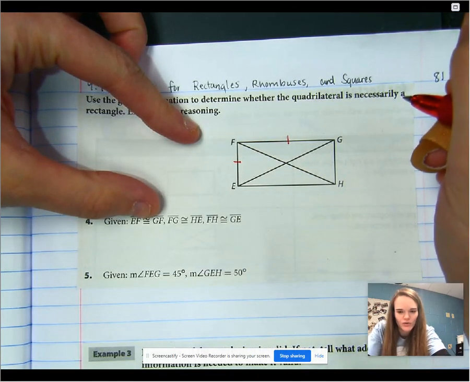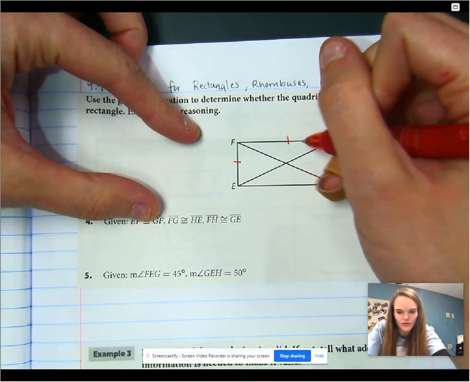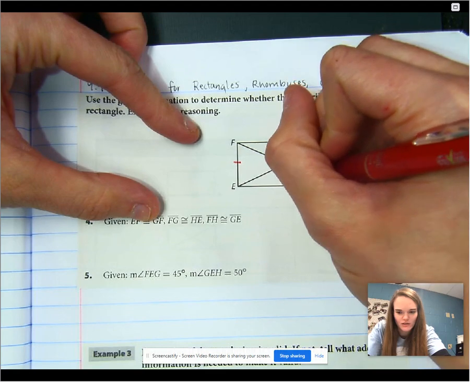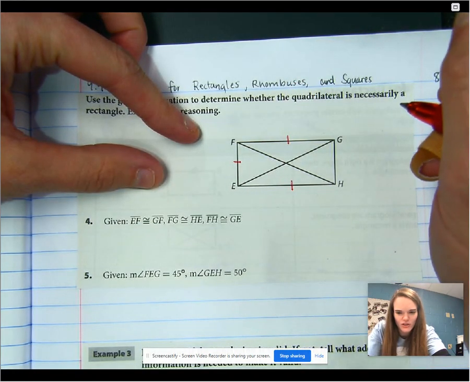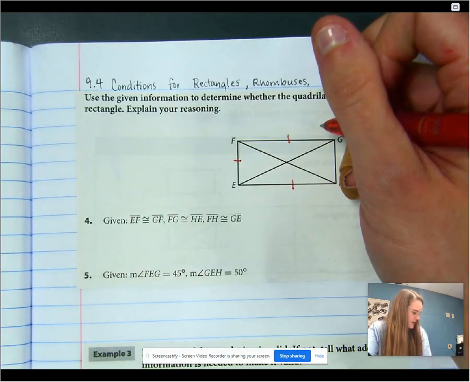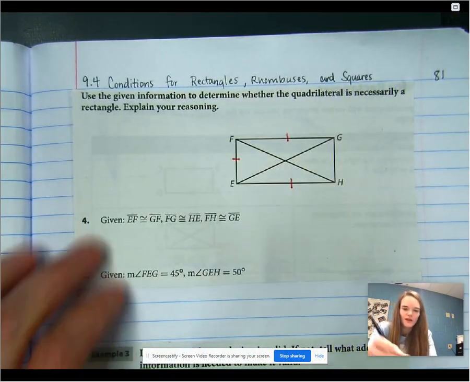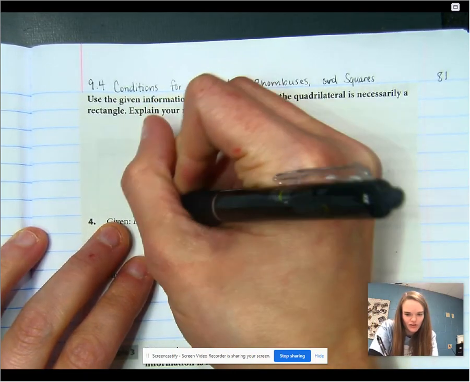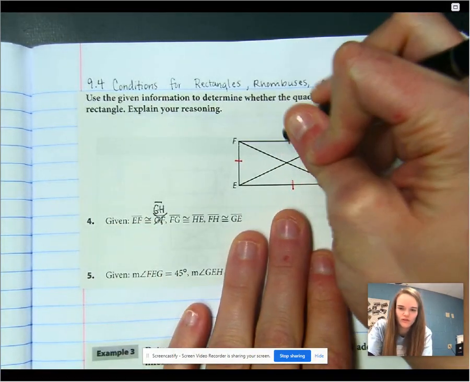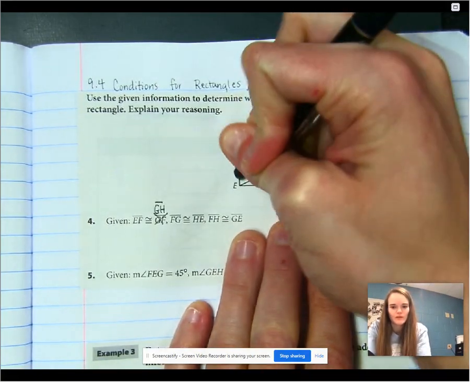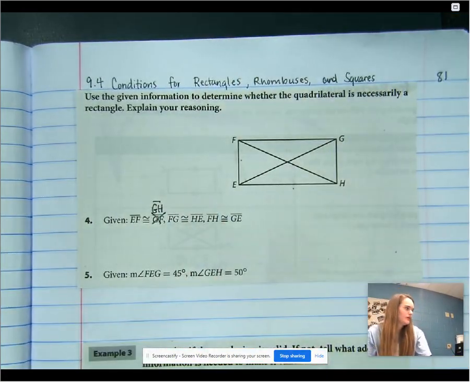Okay. We know that FG is congruent to HE. We know that FH is congruent to GE. I feel like there's a typo there. There is, sorry. The book made a mistake. This should say GH. So let's erase this. Start over. I knew there was a typo somewhere. That's there, GH.